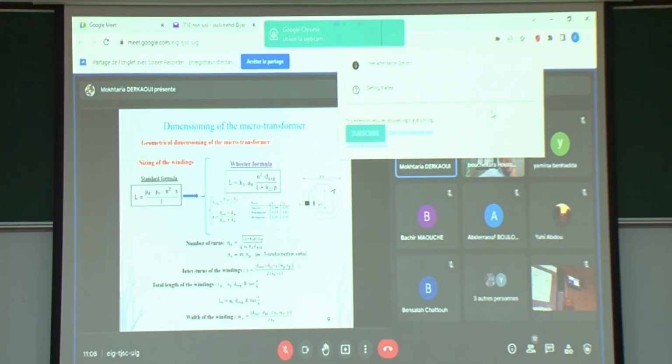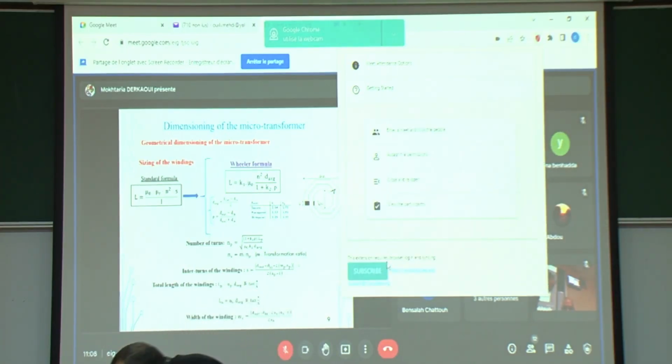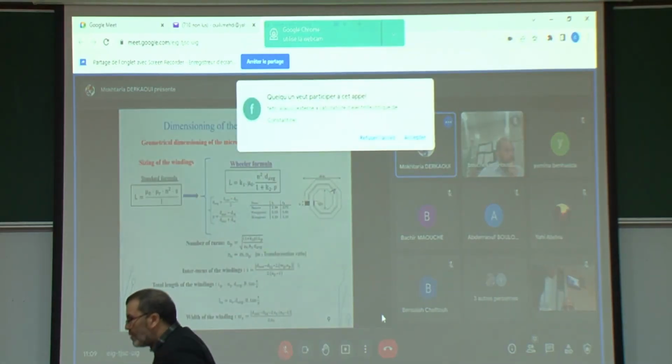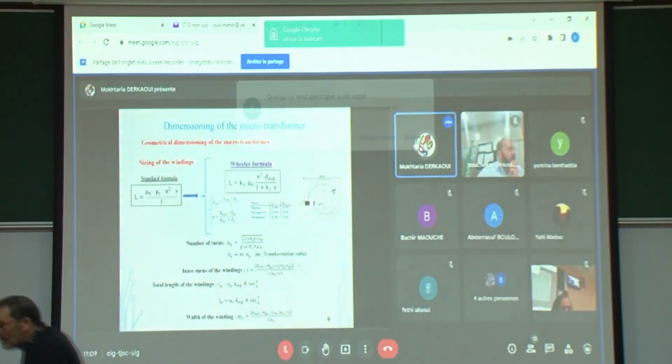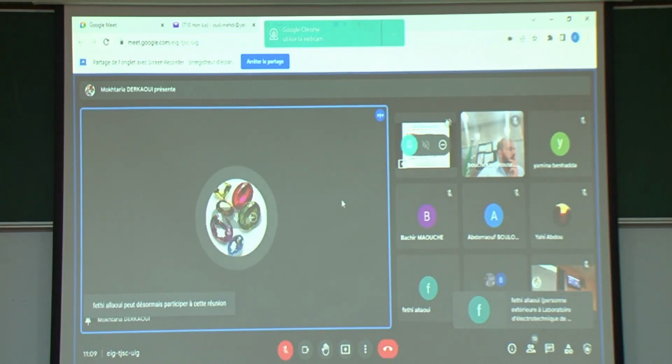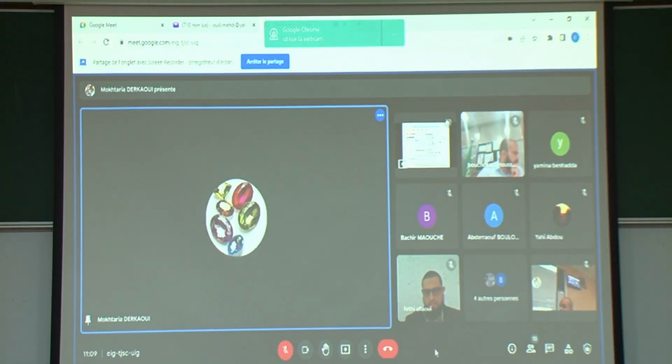In this work, we have opted for the Wheeler method because it is easy to implement and it gives good results and it has a low error compared to the other methods, and this method remains valid for a reduced number of turns. The different geometrical parameter values are included in this table, and we notice that the results are consistent with the integration in electronics.